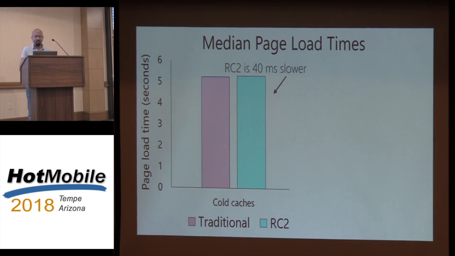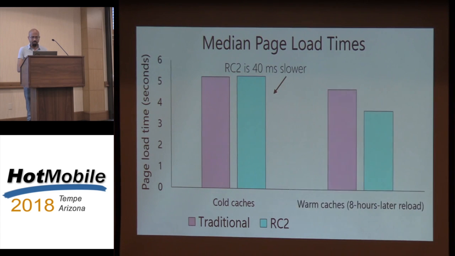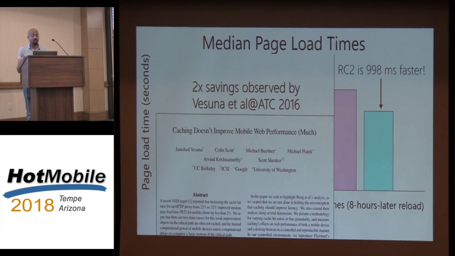Now let's take a look at what happens when clients have a warm cache. So here, when client caches are warm, RC2 leads to bigger reductions in page load time, almost a full second of reduction. And note that this reduction is actually twice as large as the savings that were found in a recent ATC paper that tried to model what happens in mobile clients when they try to cache content.